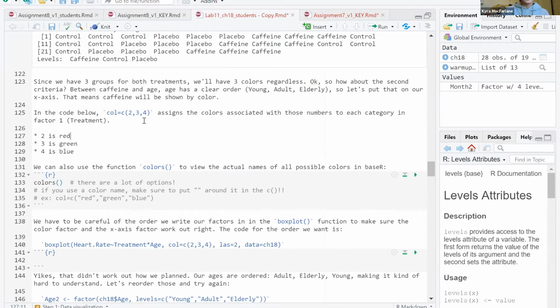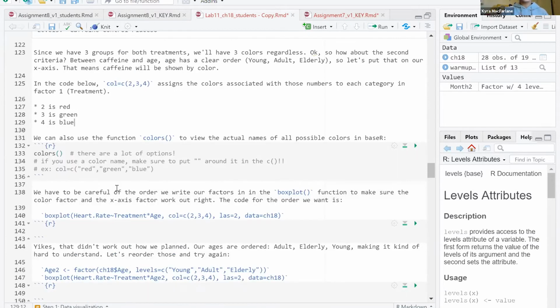When we use this col equals, these colors, 2 is red, 3 is green, 4 is blue, 1 is black, which is not super helpful because it kind of makes everything hard to see. But yeah, these are pretty much the colors that we're going to use.